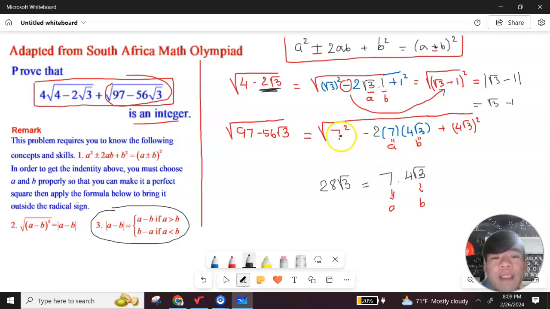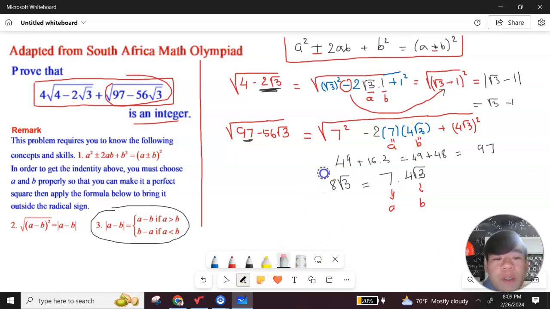Now a squared equals 49, and plus 4 squared is 16, and root 3 squared equals 3, so it's 49 plus 48. 49 plus 48 equals 97, which is correct. So a equals 7 and b equals 4 root 3 work really well.